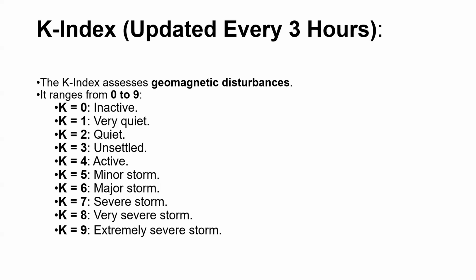As it gets to 3 and 4, it has more of an effect, but it's not quite a storm yet. But typically, for values 1, 2, 3, and 4, we get on and make successful contacts. It gets harder when it goes 5 and to 9.